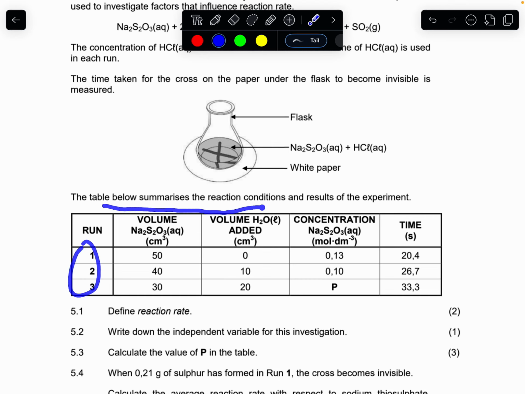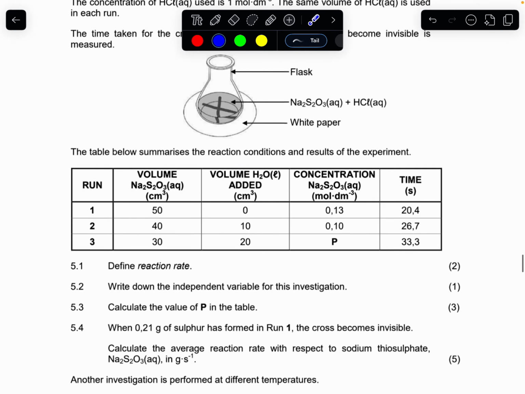It says the table summarizes the reaction conditions in the experiment. If you look at experiment 1, this is the volume of the sodium thiosulfate, and there was no water added, which means it was not diluted and the concentration was not changed.